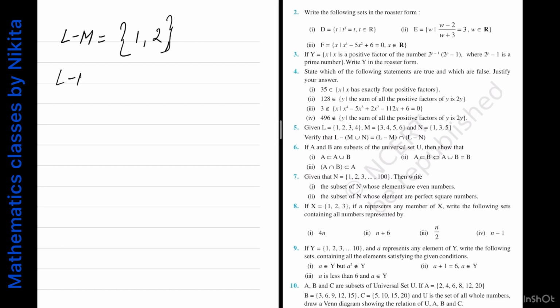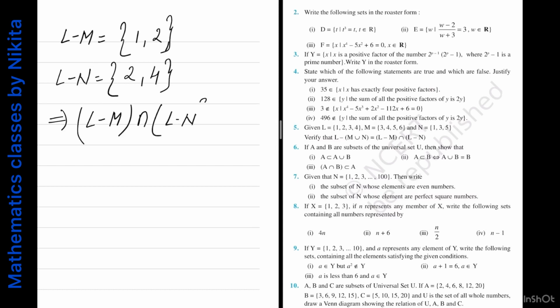Then what is L minus N? L minus N will be equal to 2 and 4. Now take their intersection. So this implies L minus M intersection with L minus N is equal to singleton 2. So you can see that LHS is equal to RHS. So therefore, hence verified.